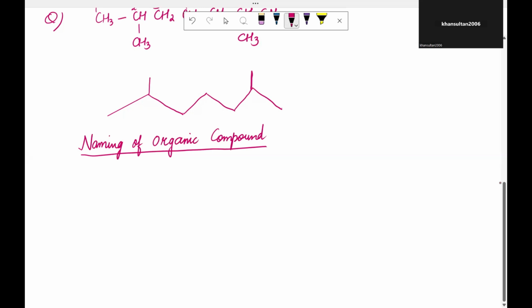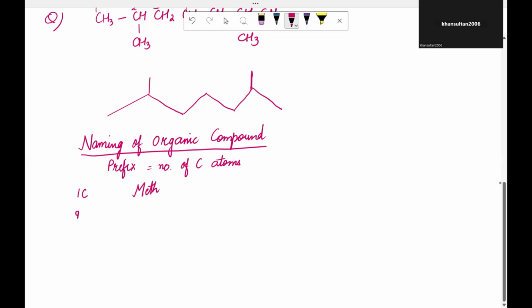So now we will be having the prefix, and prefix is basically the number of carbon atoms. For example, when we have one carbon, we will call it meth. This is basically a prefix.